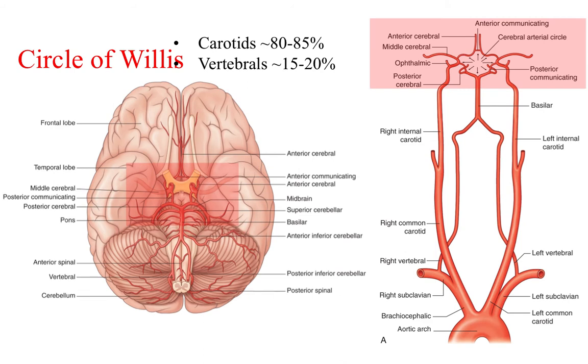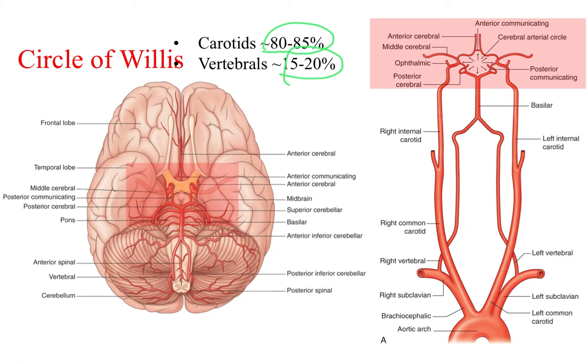And those blood vessels from the brain come from this structure that is really important to the circulation of blood to the brain, called the circle of Willis. The circle of Willis is this circular pattern of blood vessels, most of which are coming from carotid arteries, but a small amount coming from vertebral arteries, remember, that are going up through C1 through C6 in the neck.